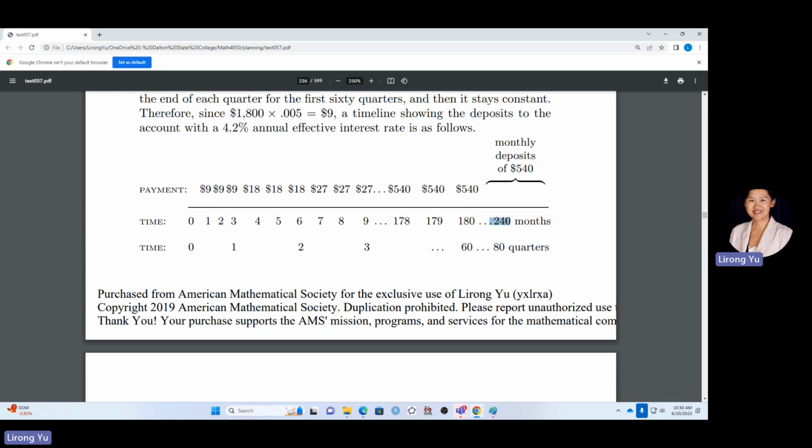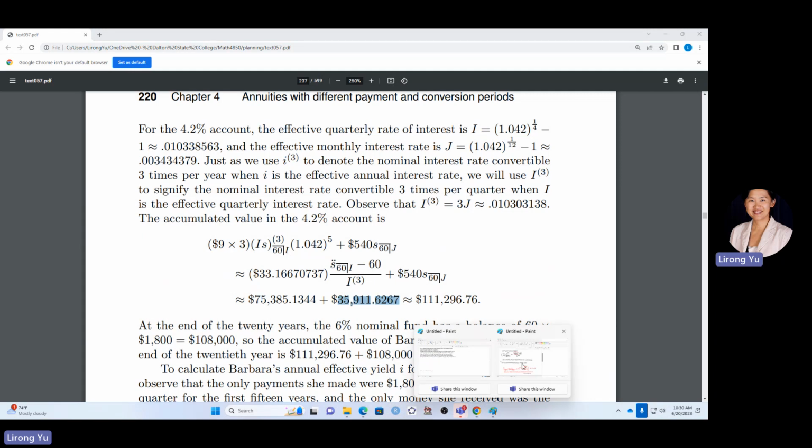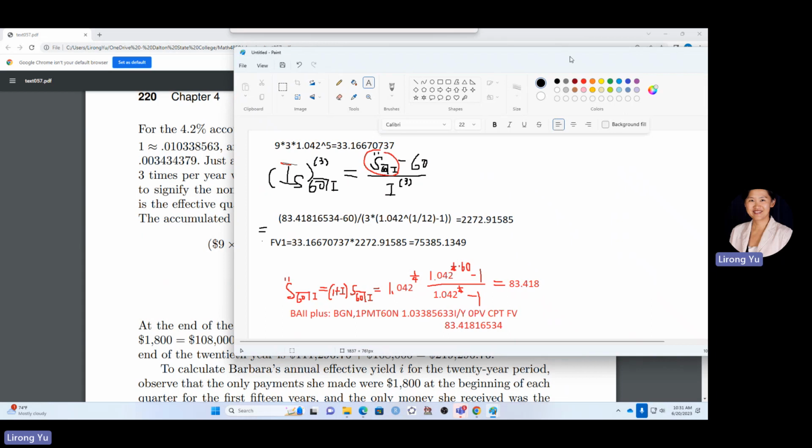From 180 to 240, there are 60 payments of 540. You have to calculate its future value using the accumulated value formula. This is this one. So for that one, we get this number. And that means you can see how it's being calculated. So let's not repeat that part. We can call that future value number 2.